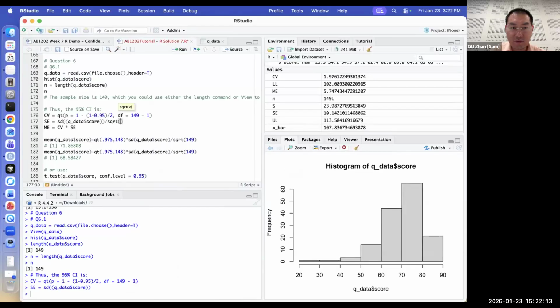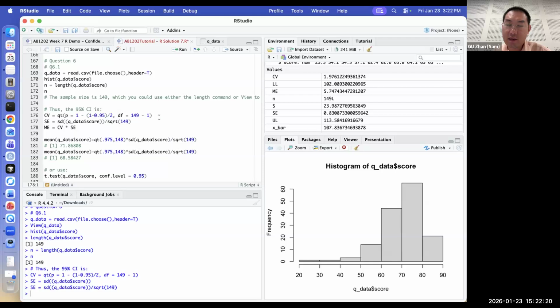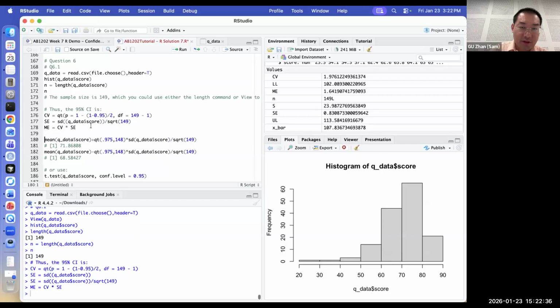Standard error is the standard deviation of the sampling distribution, 0.083. The sampling distribution is in your imagination because at the moment we only have one sample of 149 students, one sample mean. So the margin of error has been calculated as 1.6.